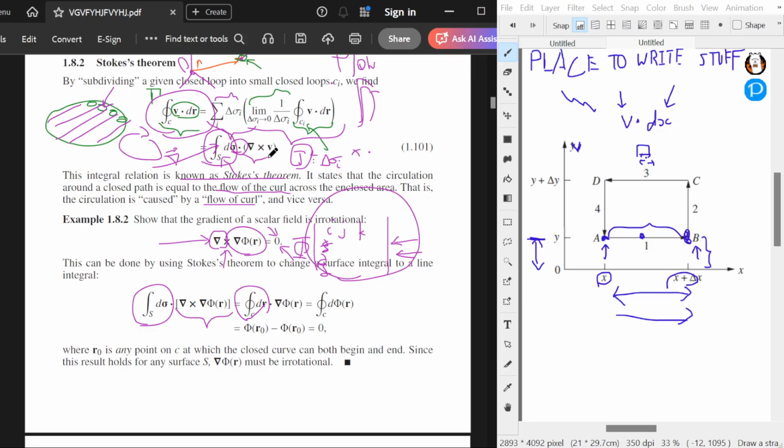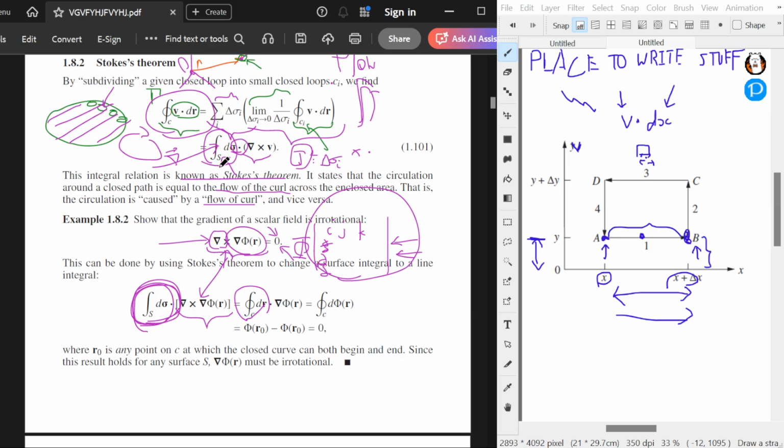So we have a curl, we have some curl shenanigans going on here, and this is also curl shenanigans. So they're shoving the curl inside the surface.